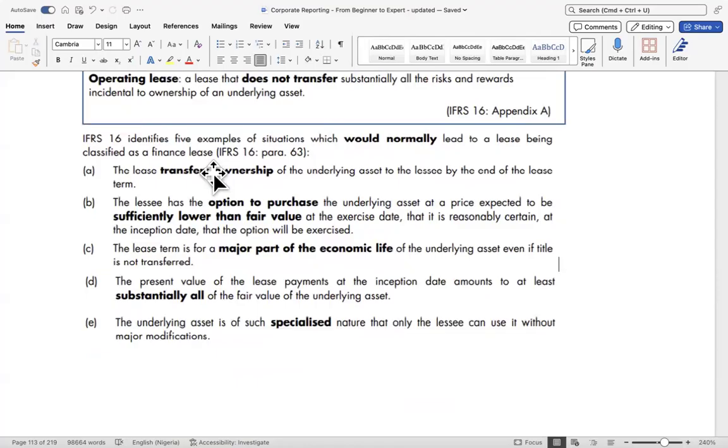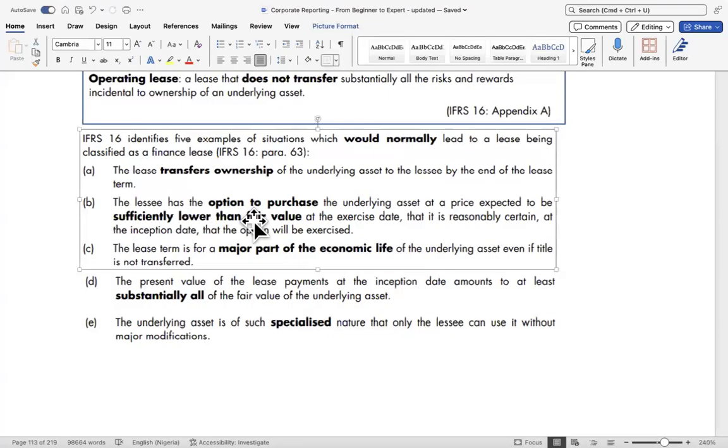So if there will be transfer of ownership at the end of the lease term, that's an indicator. Number two, if there's an option to purchase at a price that is lower than fair value at the exercise date, meaning the lessee can buy the asset at a price that is very low compared to the price he would pay to buy a similar asset at that future date.